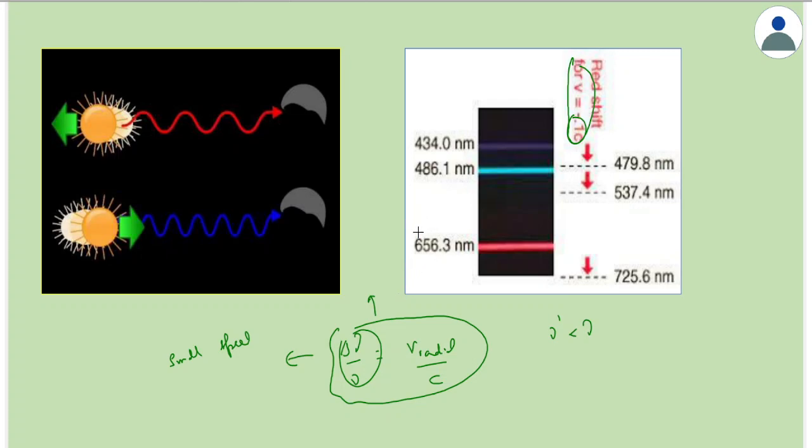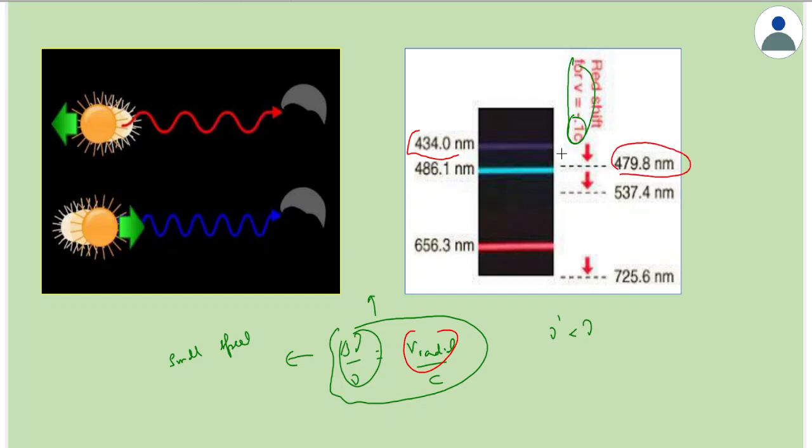This is the emitted wavelength, and because of its motion, since the speed is quite high here, there will be a bigger shift, because it depends directly on speed. The greater the speed, the greater the shift. Corresponding to 434.0 nanometer, what we get is 479.8 nanometer, a different wavelength.